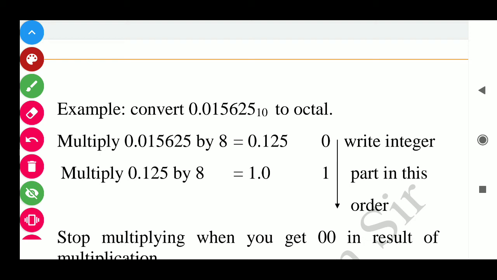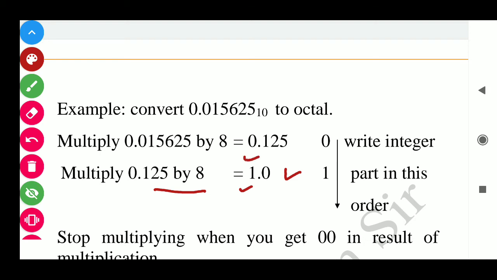So this number you have to write here. Now this number you have to multiply again by 8, and you will get 0 after the decimal part, and on the left side you will get 1.